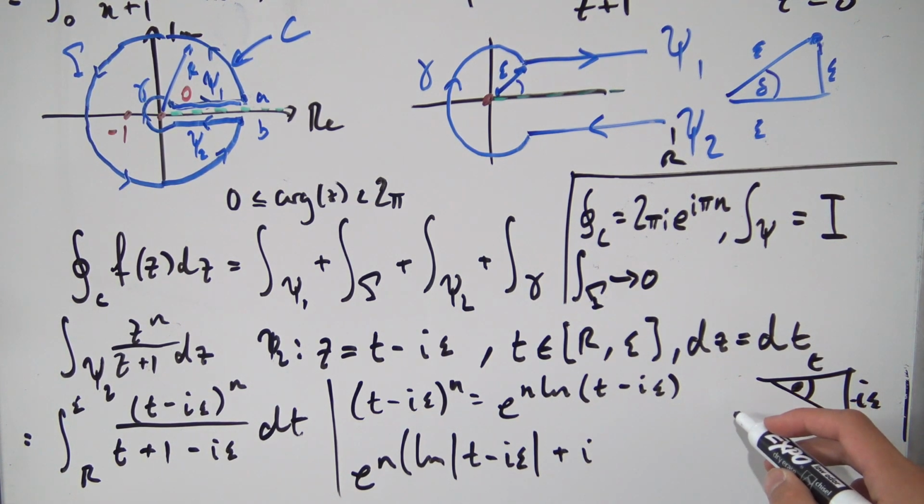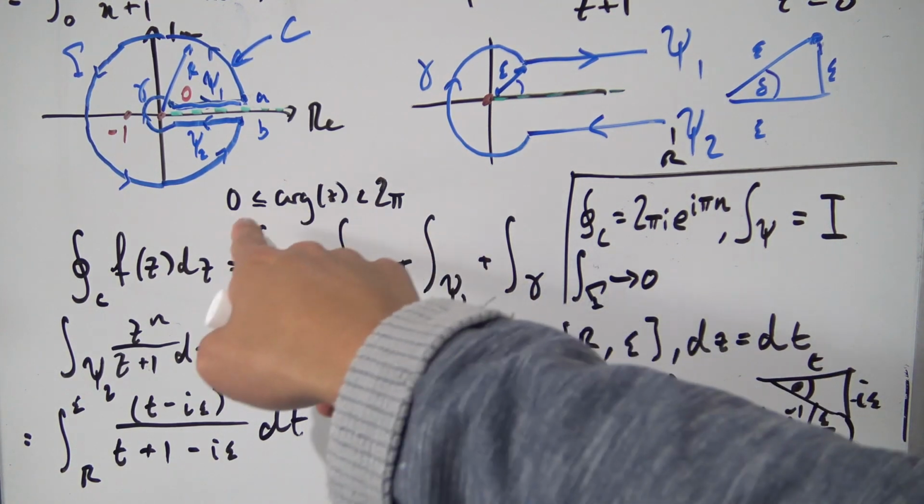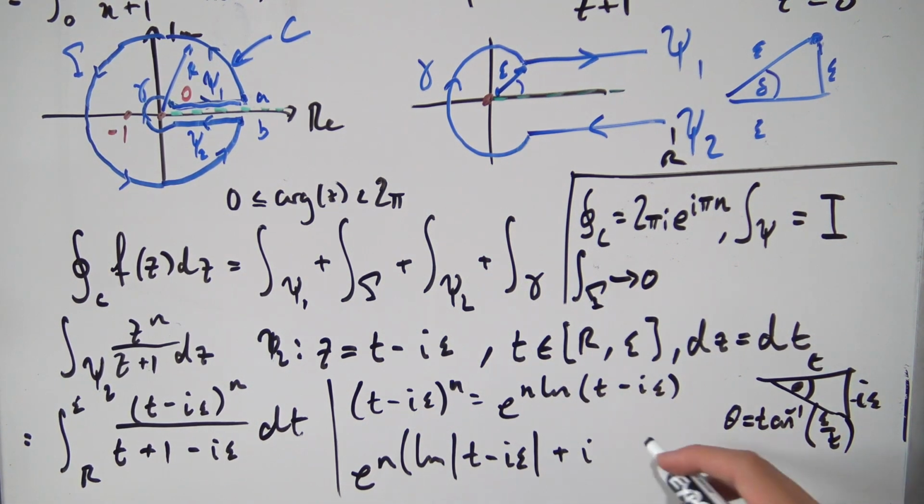So this angle theta is arctangent of epsilon over t, like so. But we want our argument to lie in the domain from 0 to 2 pi. If we go 2 pi around and subtract off this angle, that's going to give us the argument. So our argument will be 2 pi minus tan inverse of epsilon over t.